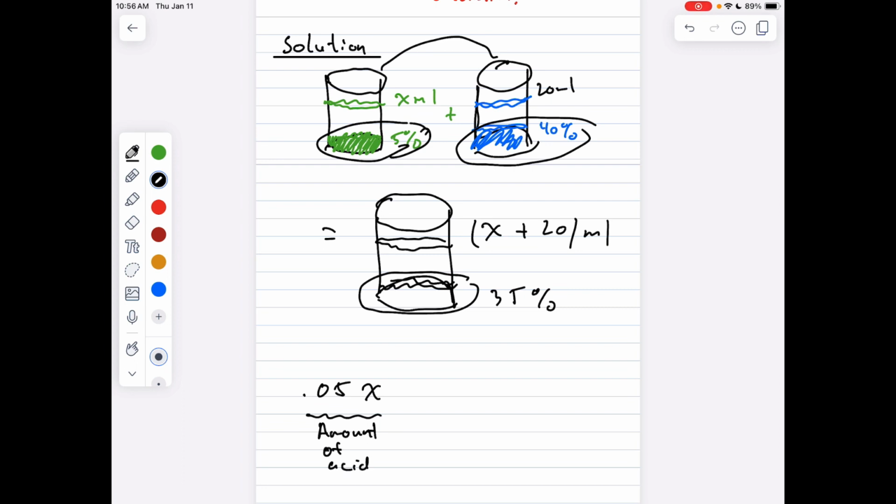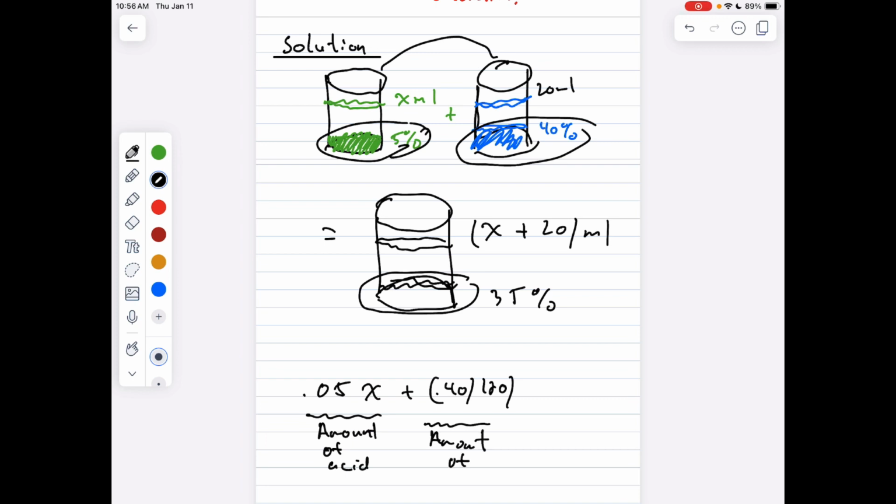On the other hand, for the 20 milliliters at 40%, it's going to be 0.4 times 20. The percentage times the total amount gives you the amount of acid. We can think of the words like 40% of. The word of in math implies multiplication.